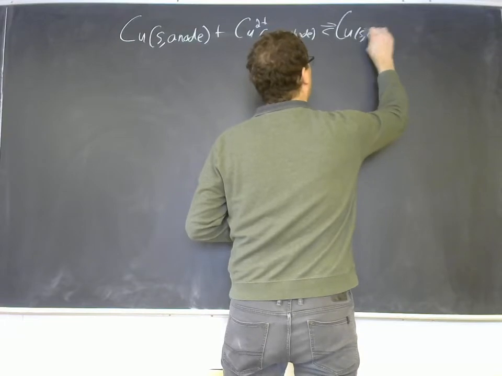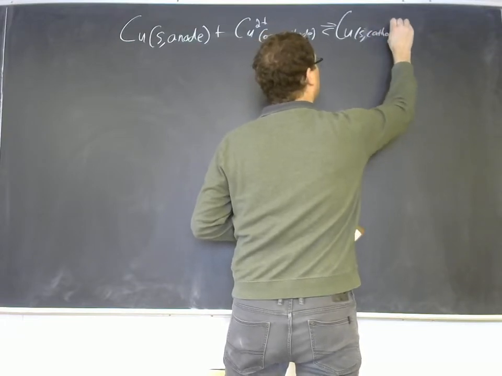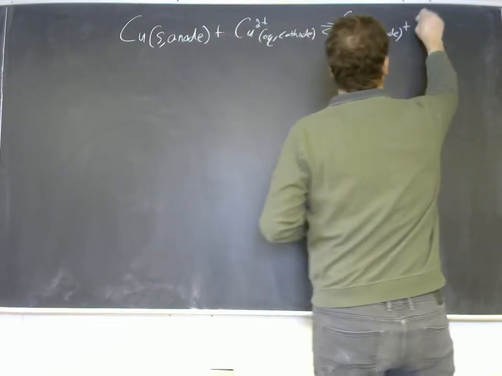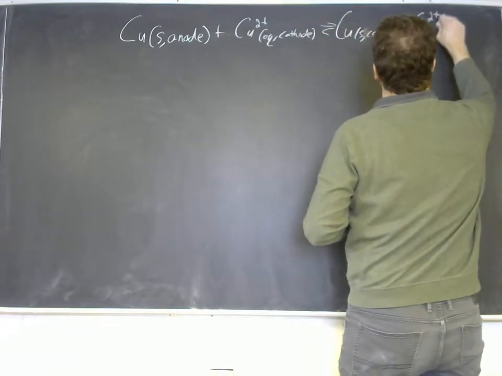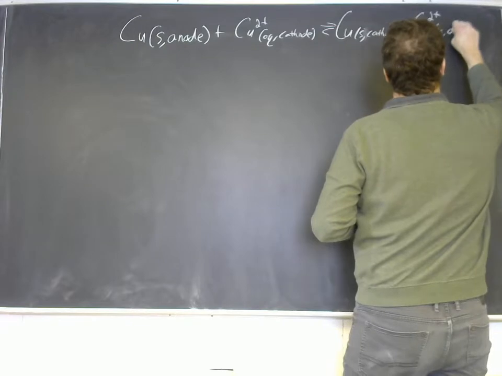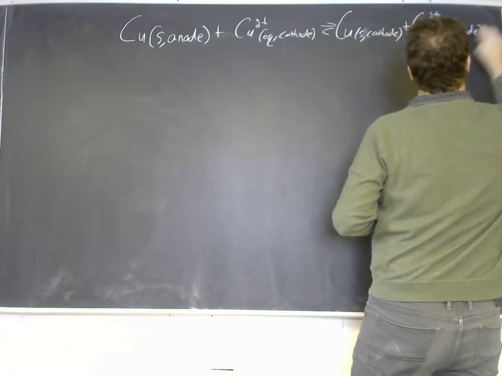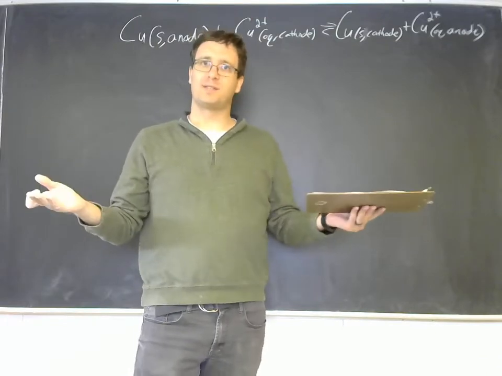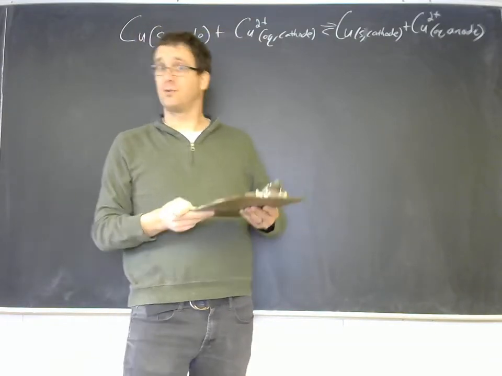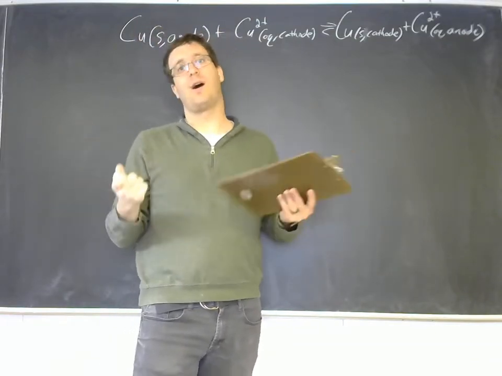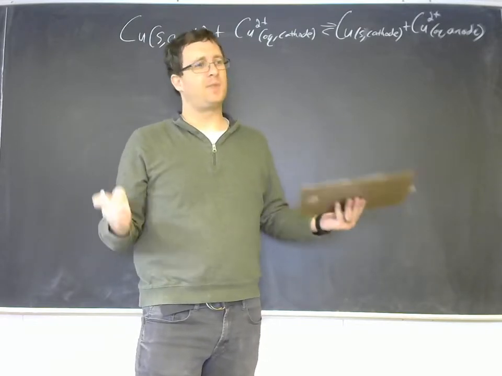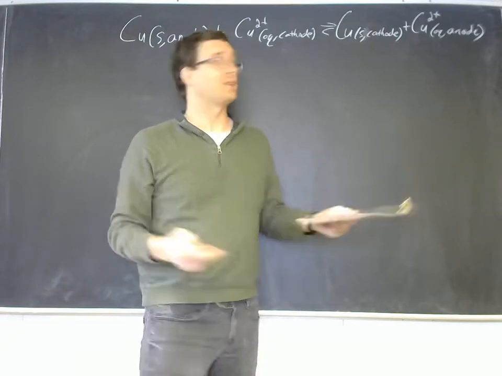I didn't leave myself enough room here, so it's going to get a bit sloppy, sorry. So you're oxidizing copper to 2+ ions in the anode, you're reducing 2+ ions to copper in the cathode. Because they're physically separated half cells, this actually works as long as their concentrations are different from one another.